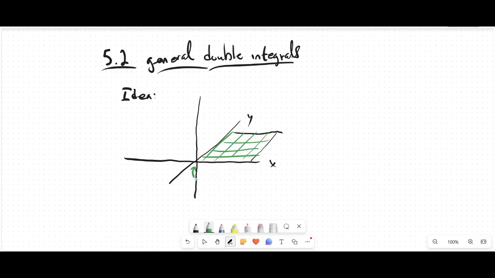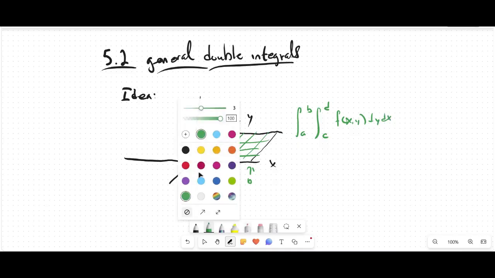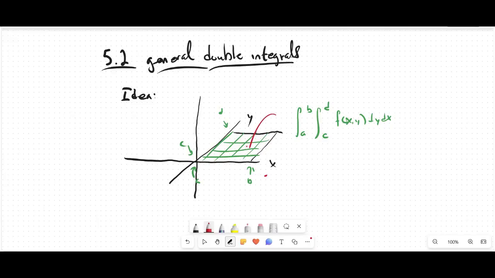And in particular, if we get these lower bounds and upper bounds, A and B for X, and then maybe a C and D for Y, the integral has this nice form where we have these constant bounds, some function f of x, y. And whatever the function is, it exists over this nice rectangular domain.